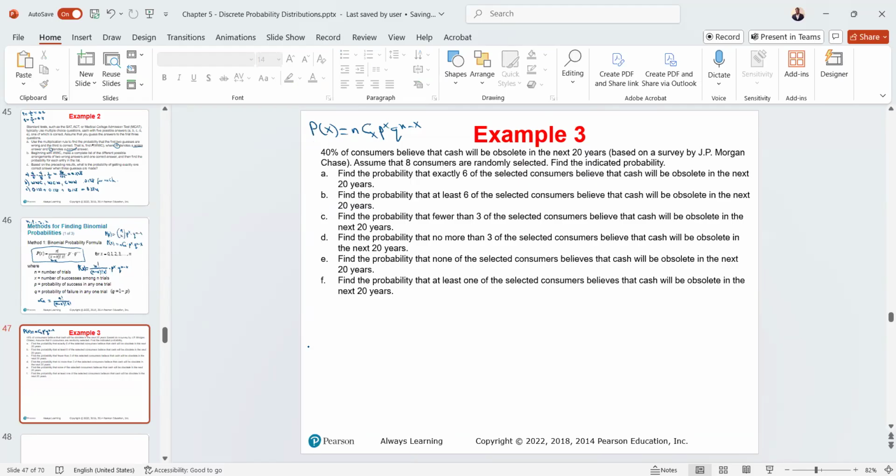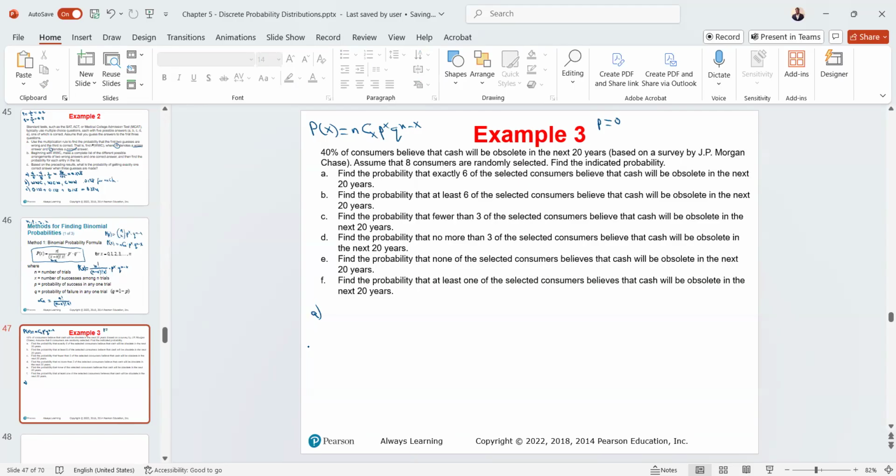For the first example, A, it says 40% of consumers believe that cash will be obsolete in the next 20 years, based on JP Morgan Chase, assuming 8 consumers. Because they said 40% of consumers, the probability given must be the probability of success here.